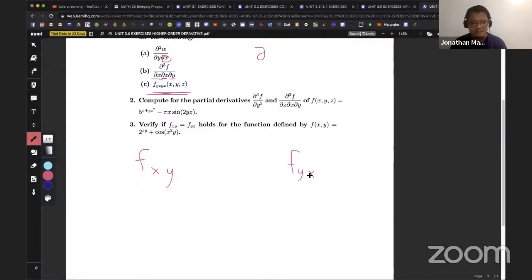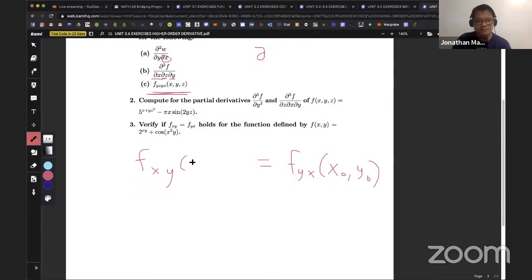Right? Now, there is actually one theorem in that video lecture that these two expressions may actually be equal. Pwede silang maging equal at a specific point. X sub 0, y sub 0.